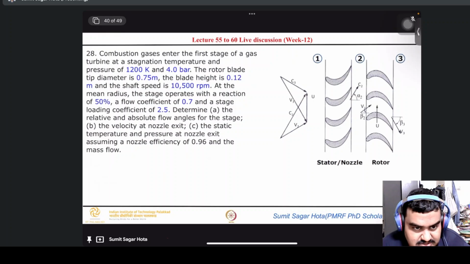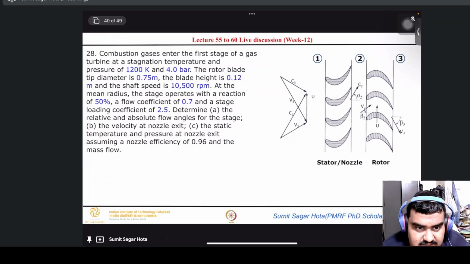The question is, the combustion gases enter the first stage of a gas turbine at a stagnation temperature and pressure of 1200 Kelvin and 4 bar.